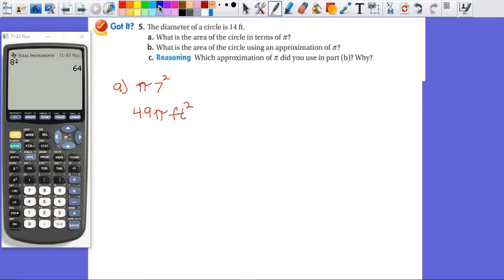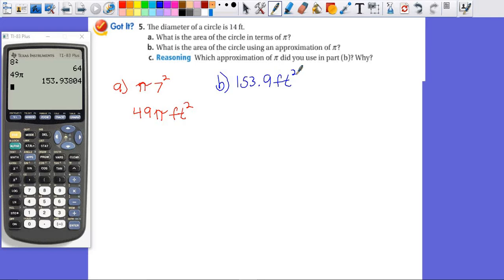All right. For B, we just take that answer and we plug it into our calculator. So we would use 49 and the second caret key to get us the pi, and we would get 153.9 feet squared. Part C here says, which approximation of pi did you use?